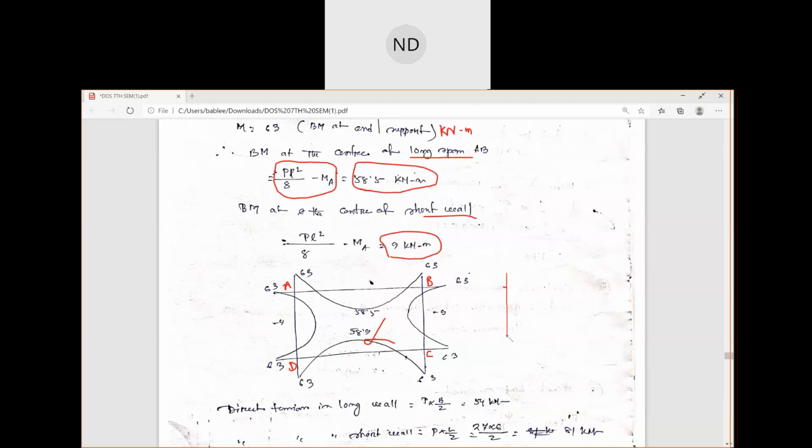This is a short wall, and this is a long wall.